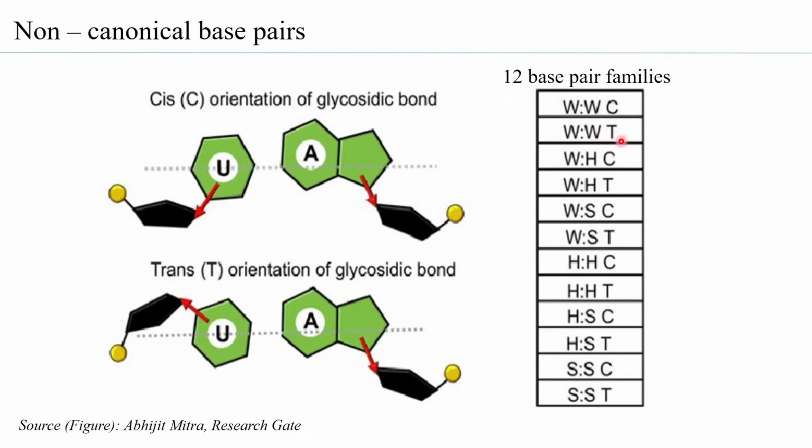In such a situation, it is not considered canonical; it becomes non-canonical. Likewise, you can have Watson and Crick, and S, where this S stands for the sugar edge, and this H stands for the Hoogsteen edge. So basically we are looking at different interacting edges of the nucleotides that can form hydrogen bonding, and based on how they interact you have 12 different basic families. So we'll look at what these interacting edges are.